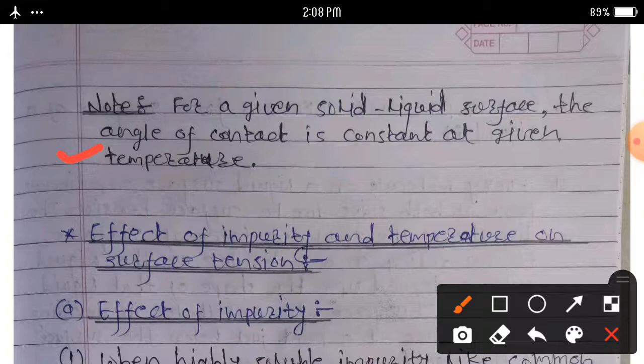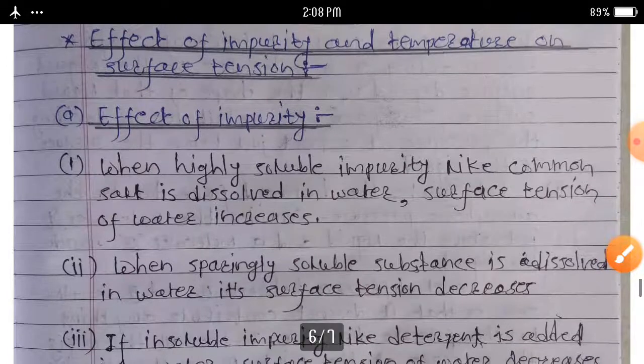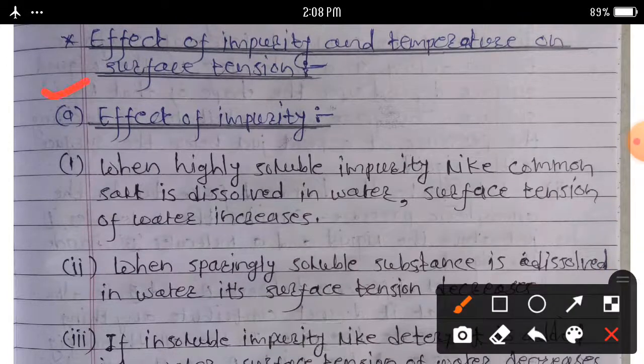Then the next very important point here: the effect of impurity and temperature on surface tension. We can consider firstly the effect of impurity.